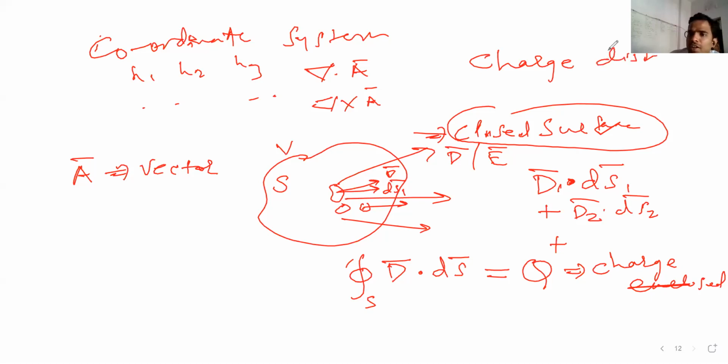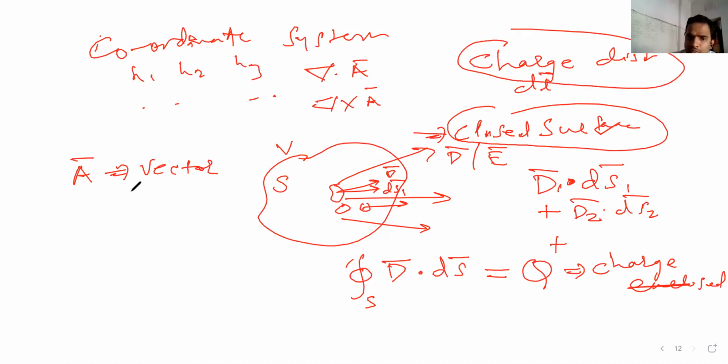Similarly, in magnetic fields we deal with current elements. It's not like at every point there is an equal charge, or at every point on the conductor an equal current flowing. We'll see when we study current density, our next topic, that the current flow is not uniform, and that is why we define current density.